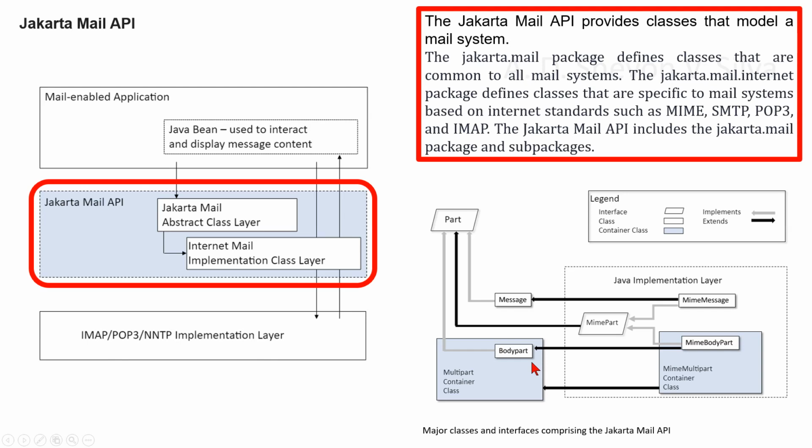It does not declare attributes such as from, to, subject, reply to, or other address header fields as a message object does. The body part object is intended to be inserted into a multi-part container, later accessed via a multi-part message.